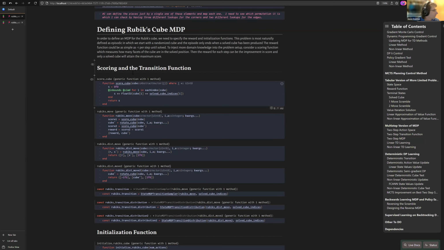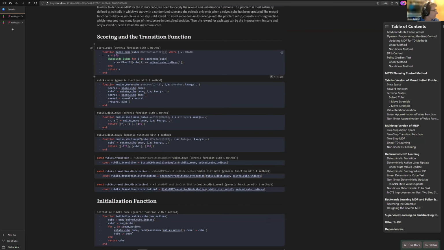And so this is one example of a scoring function. You could do other scoring functions that try to inject some kind of domain knowledge into the problem, like if a particular group of these indices is solved, then those are more important than others, and you can give a higher score for that.